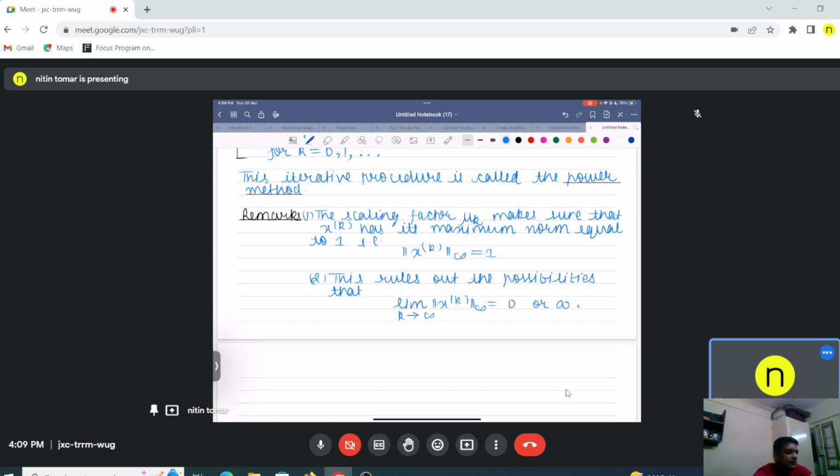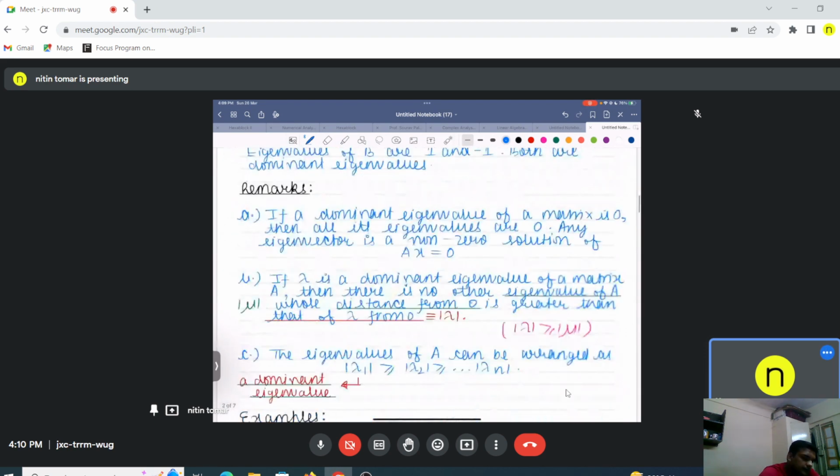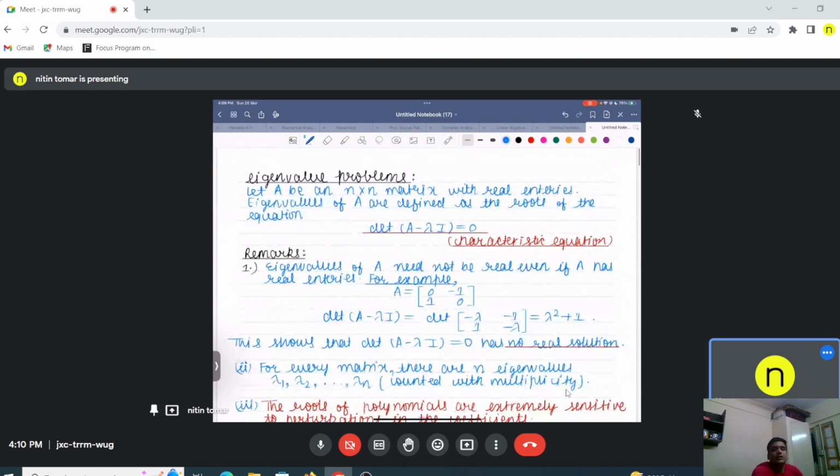So let's revise so far what we have done. The aim of today's session has been so far to find the eigenvalues, and in particular the maximum eigenvalue among all the eigenvalues in terms of its modulus. So to start with, we saw what is an eigenvalue.